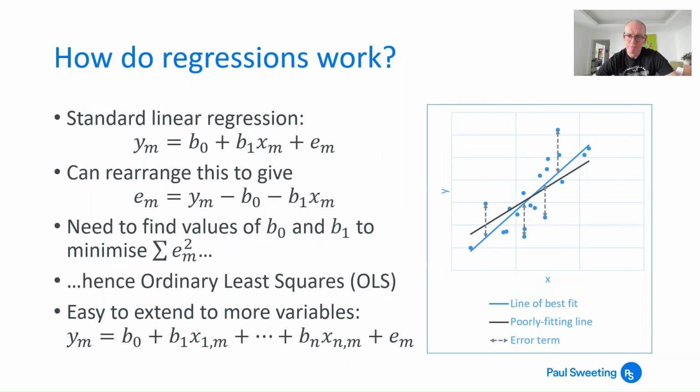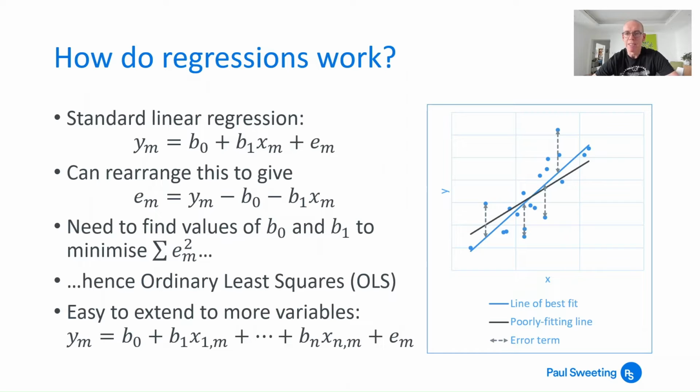Now, to get from the line to the actual dots, you have an error term, em. Whereas ym equals b0 plus b1 xm tells you what the line looks like, if you add on the em, that tells you the error term, the distance between the line and the points that you're looking at.